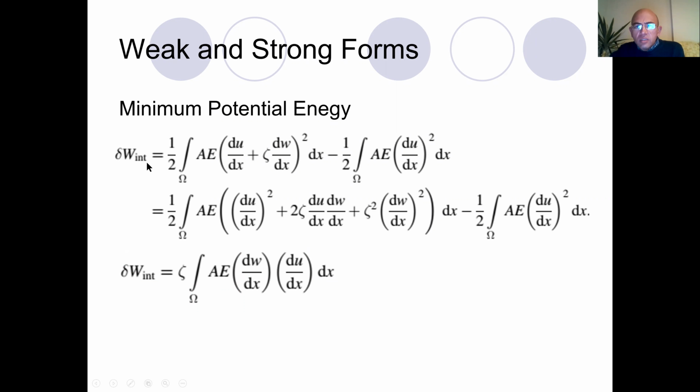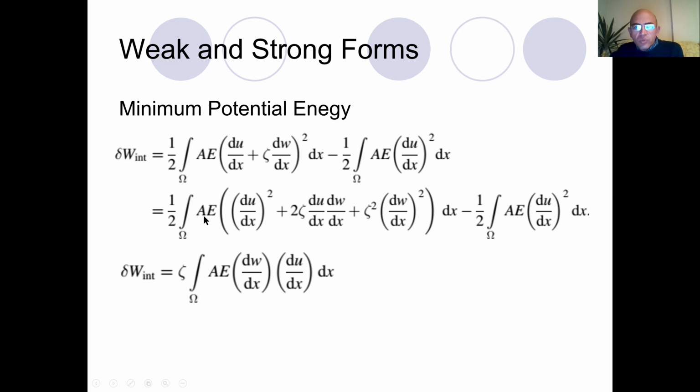So as a result, if you do the algebra, certainly the variation in the internal energy is equal to the integral of 1/2 area multiplied by the Young modulus times (du dx plus zeta dw dx) square, minus 1/2 area multiplied by the Young modulus du dx square. If we do the algebra, we arrive at this expression.